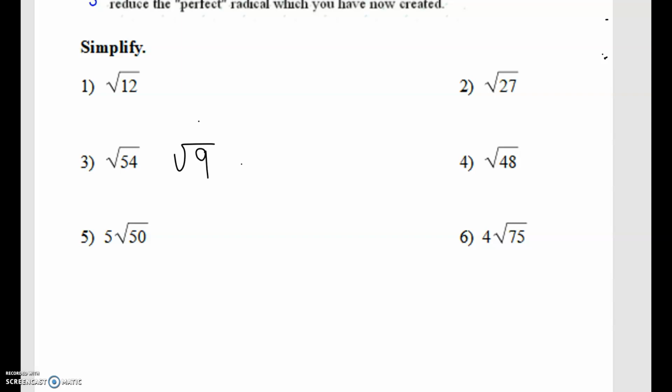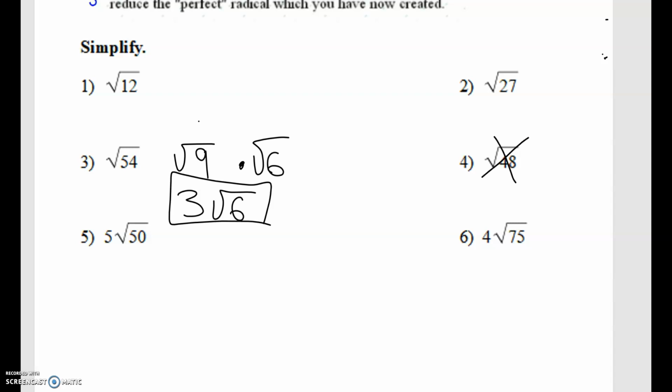That would be 9 times 6, and you don't really need a multiplication sign. The square root of 9 is 3, so your answer is going to be 3 root 6 simplified. All right, let's see 48. Oh, we did 48 on the top already, didn't we? Let's skip 48.